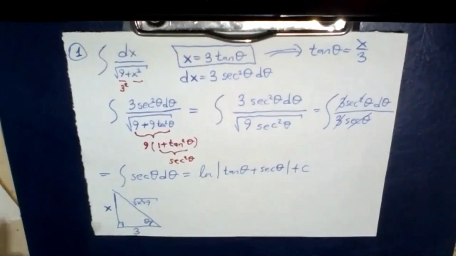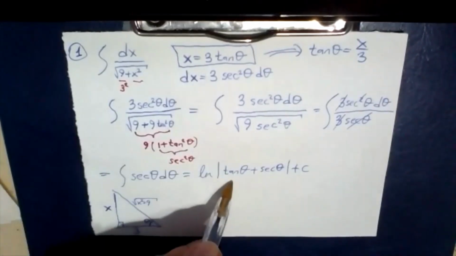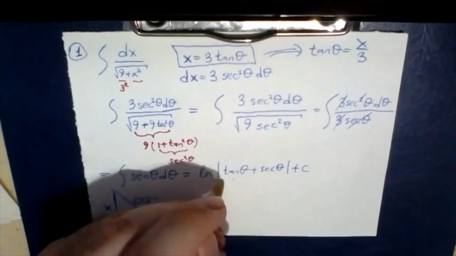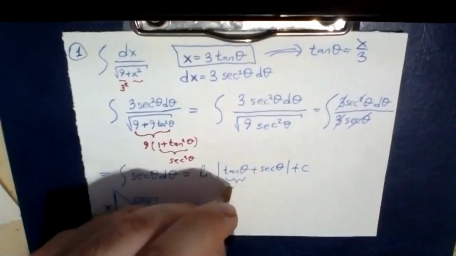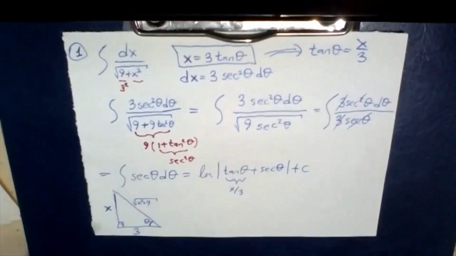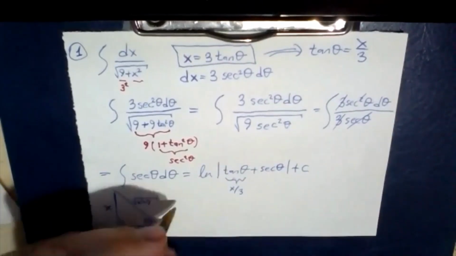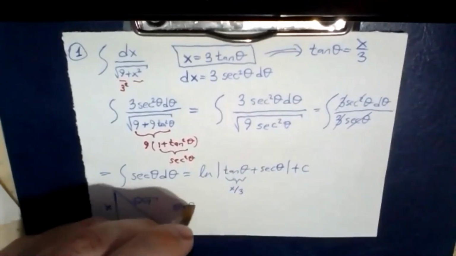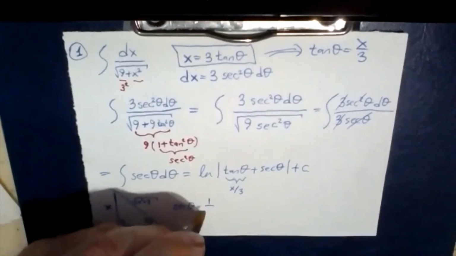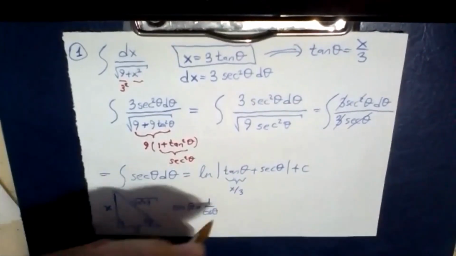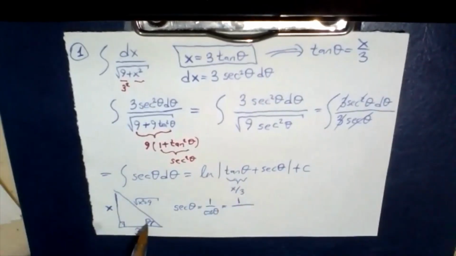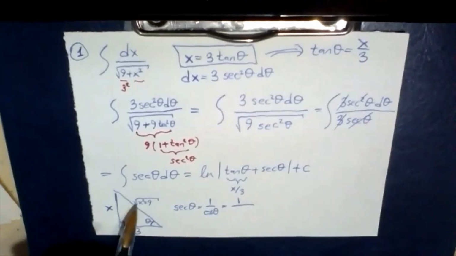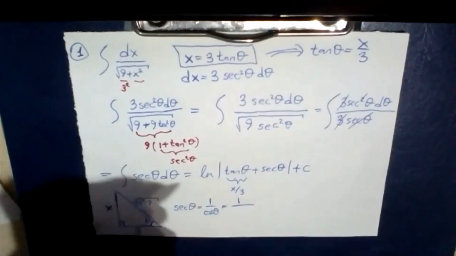And what do we need? We need tangent theta and secant theta. Tangent theta is, as we know, x over 3. What about secant theta? Secant theta is 1 over cosine theta, and 1 over cosine theta is, from this triangle, 3 over square root of x squared plus 9.